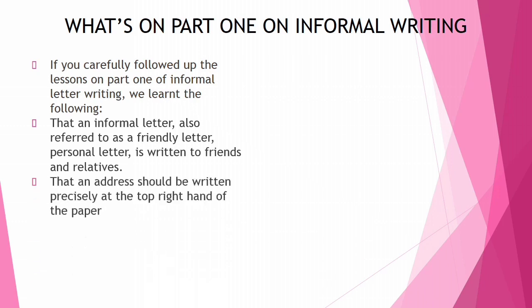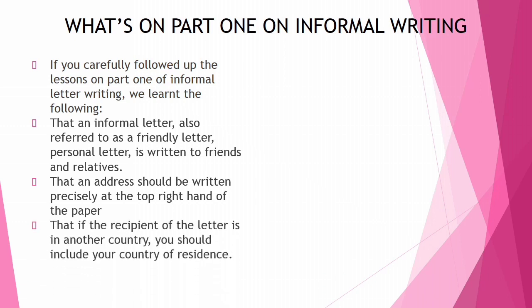That an address should be written precisely at the top right hand of the paper. That if the recipient of the letter is in another country, you should include your own country of residence. That the date should be written just below the address.